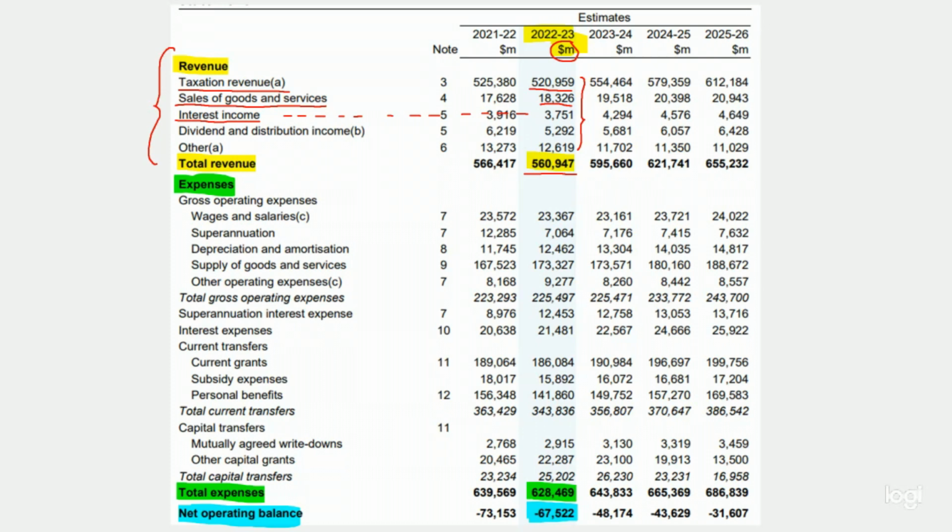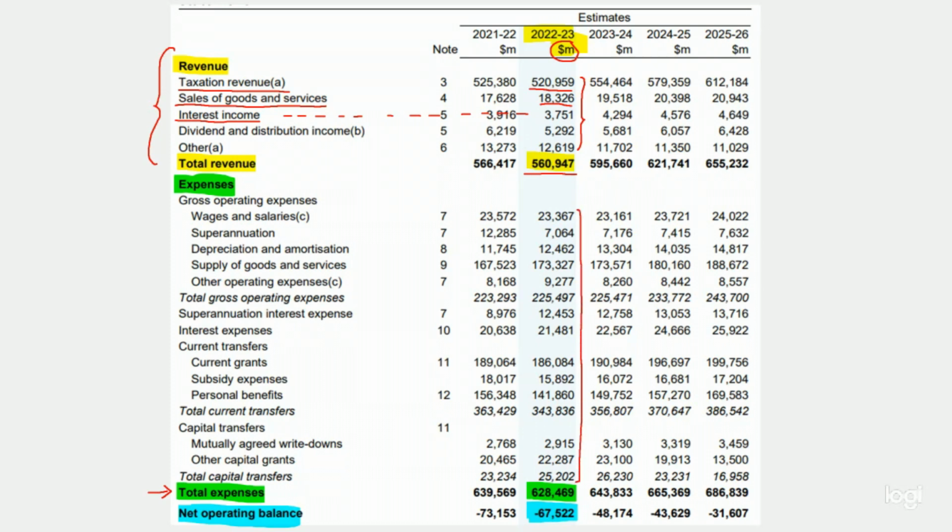And the same story applies for expenses. As I mentioned, I recommend trying to identify what the total expense is. What you can see here is that we are spending $628 billion in this given year, and out of this 628 billion, it is broken up into all of these different figures.